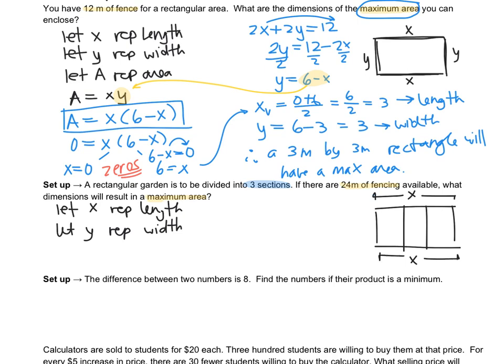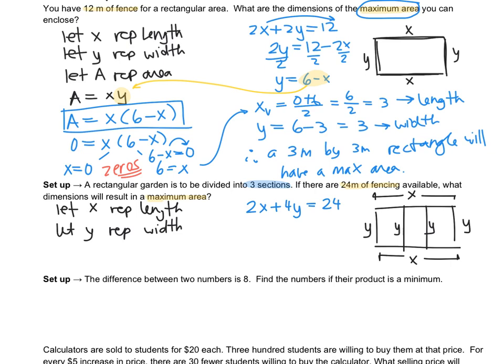But then for my widths, I don't only have the two outside widths, I also have the dividers in the middle, because those need fencing as well in order for you to have 3 sections. So that 24 meters of fencing isn't only for 2 x's and 2 y's, it's for 2 x's and 4 y's. And that's why this diagram is very important to have, because I can create that sub-equation. 2x plus 4y is equal to 24.